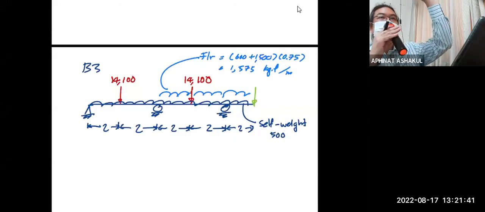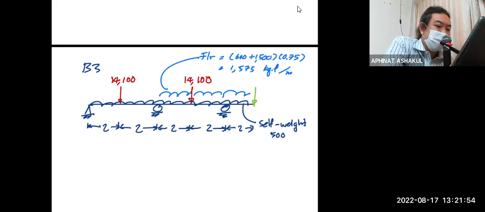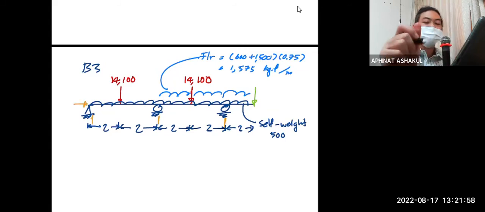You will see that this beam actually has 1, 2, 3, and 4 reactions.